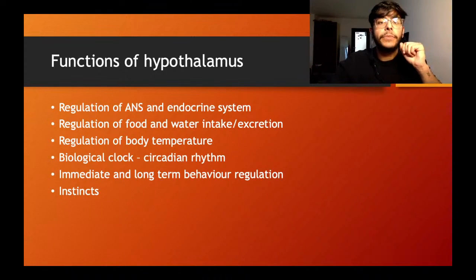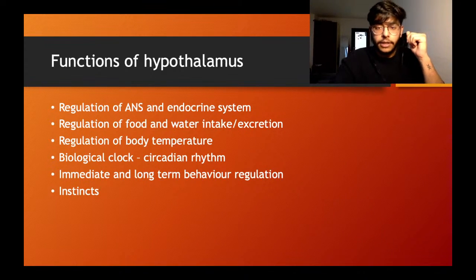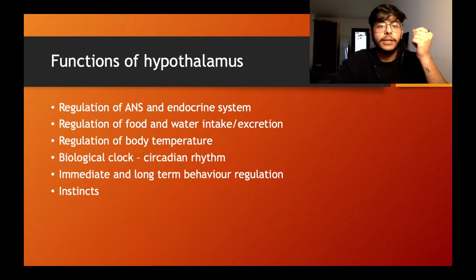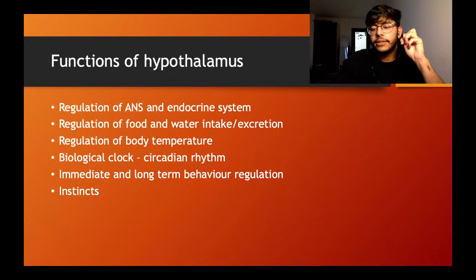Functions of the hypothalamus: regulation of the ANS and endocrine system through the hypothalamo-hypophyseal system, regulation of food and water intake and excretion. Exactly. Food intake has entirely to do with hormones like leptin and adiponectin. Water intake and excretion has everything to do with the renal system.